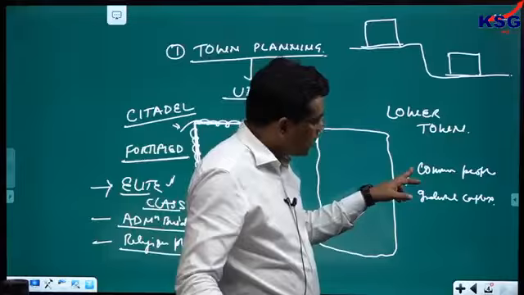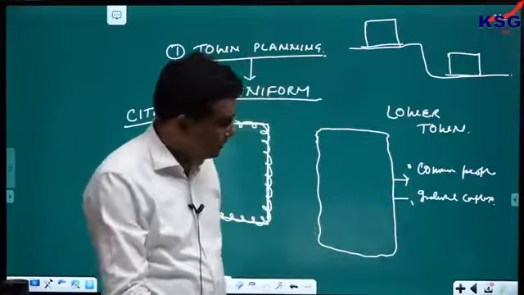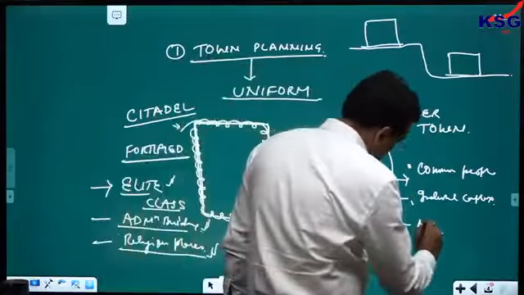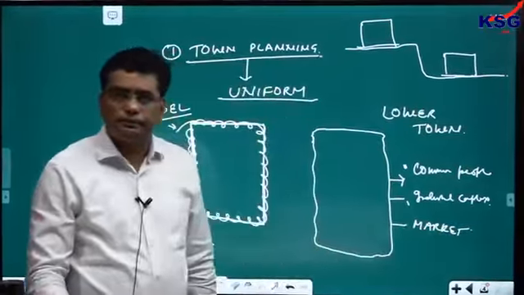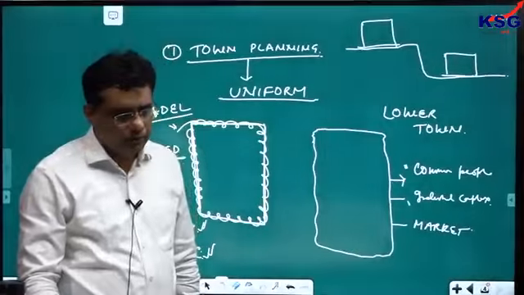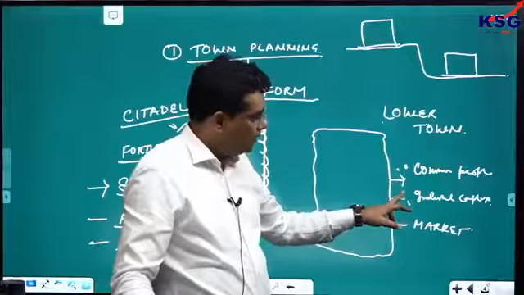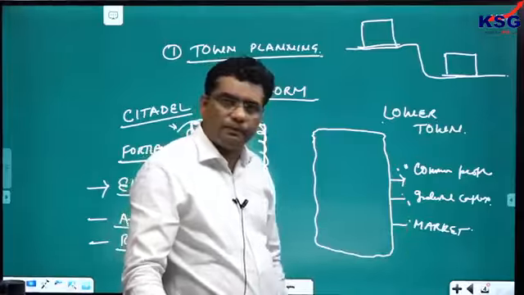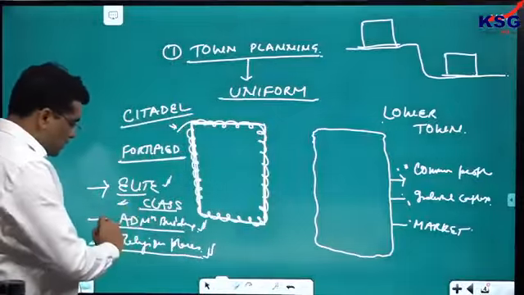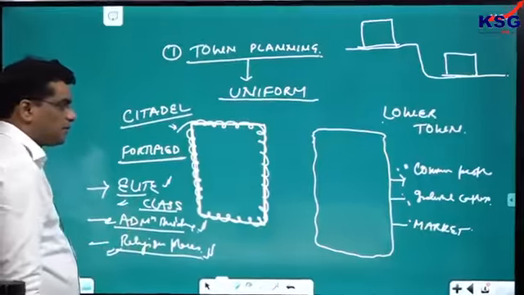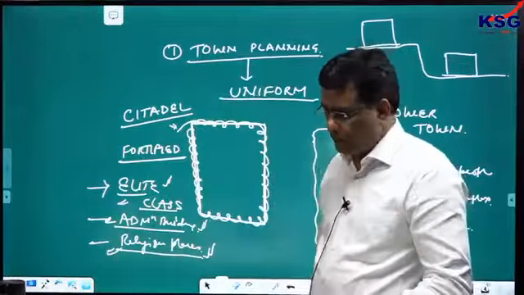The lower town has houses of the common people, an industrial complex, and the market. And here we have the houses of the elite class, administrative building, and the religious places. Okay, this is the structure of the city.